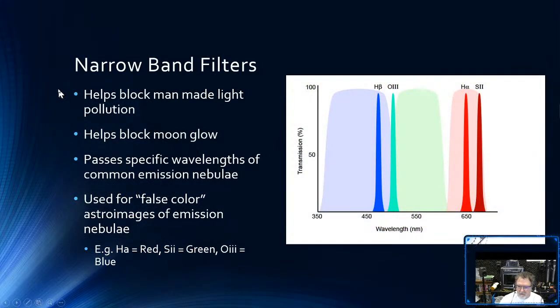So there's a couple things. Let's start with narrowband filters. Before LEDs, unfortunately, LEDs are broadband, but before LEDs, man-made light tended to be in very discrete bands of light: sodium vapor, mercury vapor, neon, etc. And so it was easy to make light pollution filters, which I'll show in a minute, which sort of notch out a lot of that stuff.